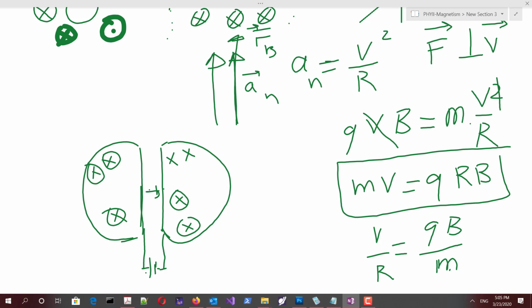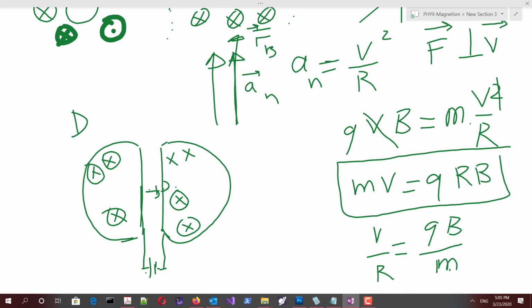As it enters the magnetic field, remember the magnetic field does not give it more acceleration. It does not change the value of the velocity once it enters that region. It changes just the direction. So there is an acceleration, but its purpose is just to turn the particle and make it come back to the gap between the two D's.